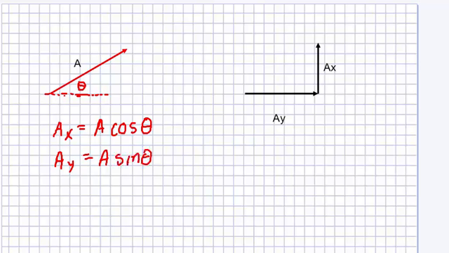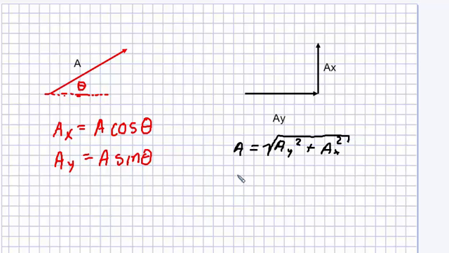If you want to instead know about the full vector A, and you know its components ax and ay, you can figure out the full vector A by taking the Pythagoras of ax and ay. That would be ay squared plus ax squared, square rooted.